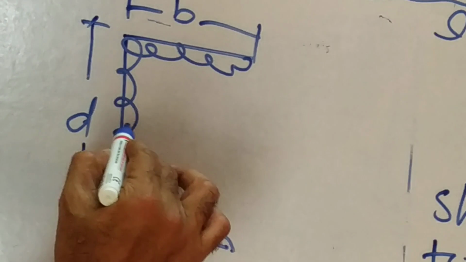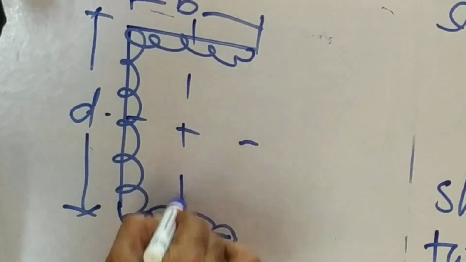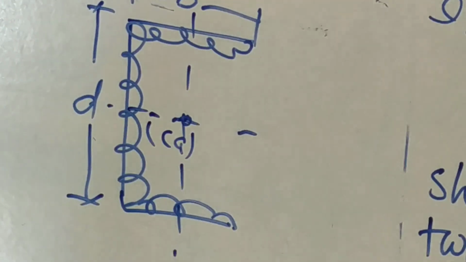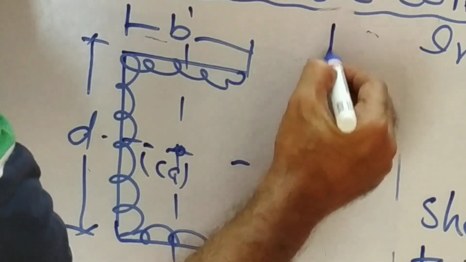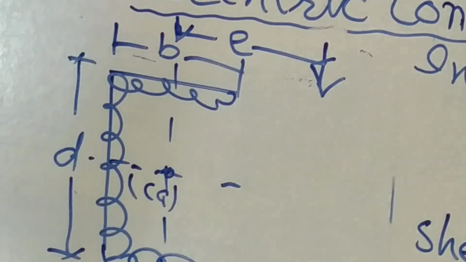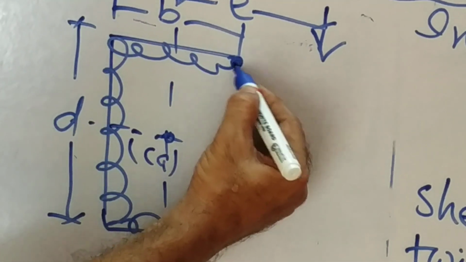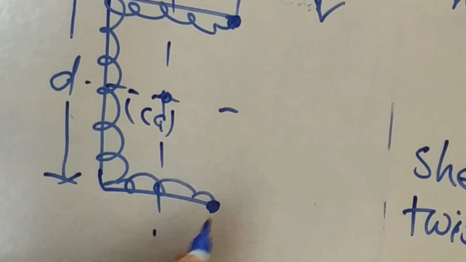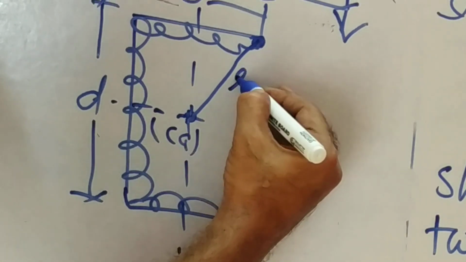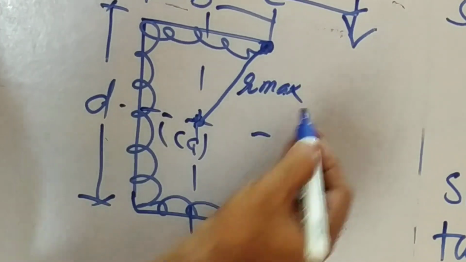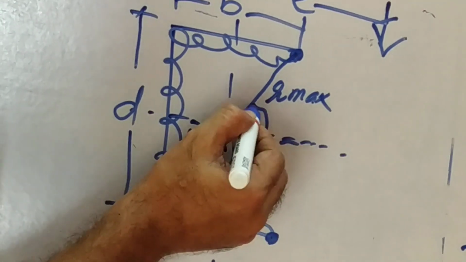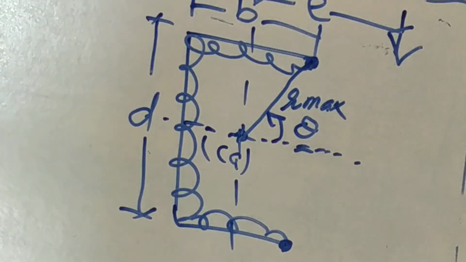Then I will have to find out the CG, the centroid of this. Then the load is somewhere here, and from the CG this distance we call E, and from the extreme weld, this weld and this weld will be the critical weld. So this distance is nothing but my R max, and from the CG horizontal distance, this angle is theta.